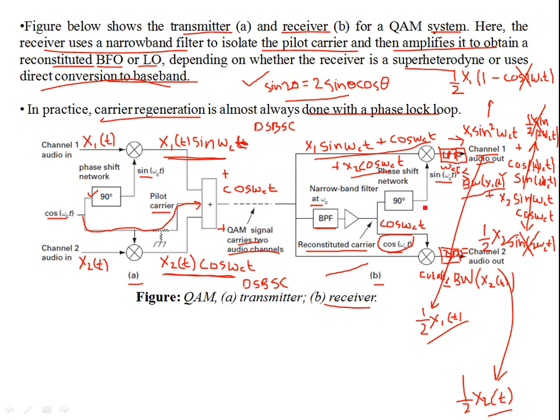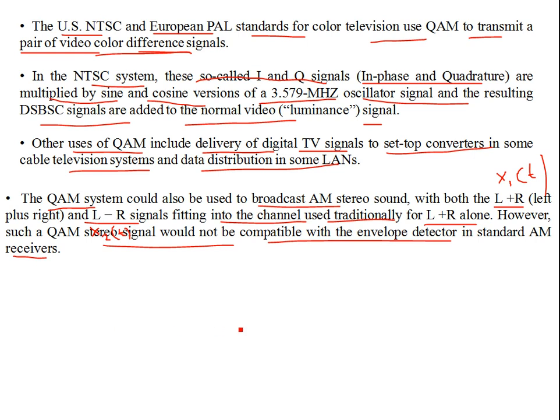You don't need envelope detection over here. It's just like a baseband detector, and the baseband can be low pass filtered, as you can see in both channel outputs. So the QAM stereo signals are not compatible with the envelope detector in standard AM receivers.